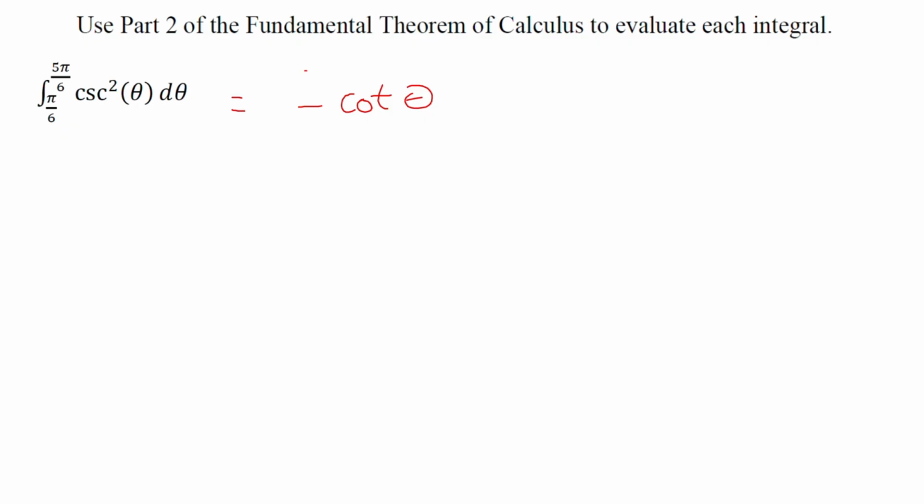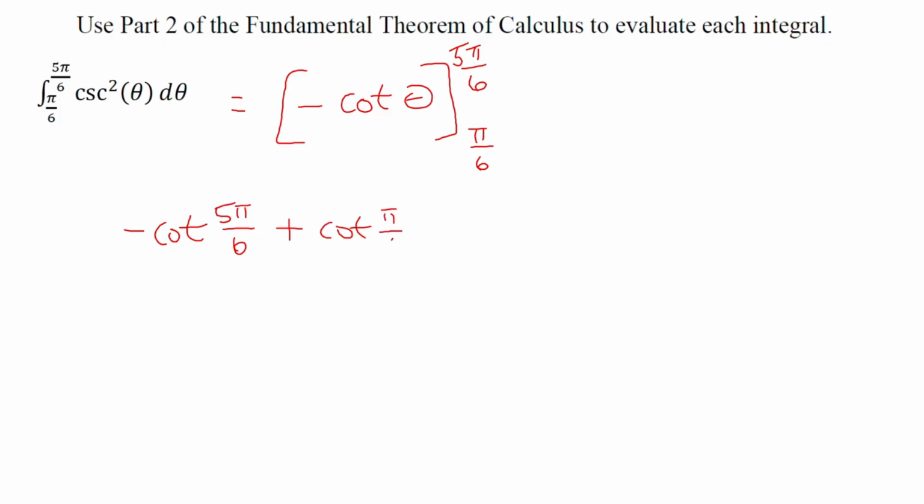So if I don't have the negative, it must be negative cotangent. We'll evaluate this from pi over 6 to 5 pi over 6. So we've got negative cotangent 5 pi over 6 minus negative cotangent, so plus cotangent of pi over 6.